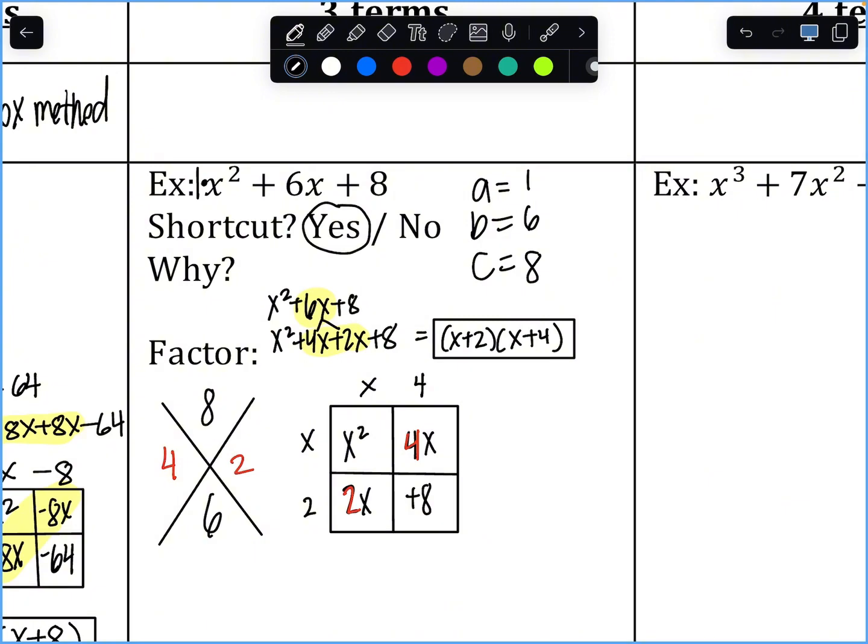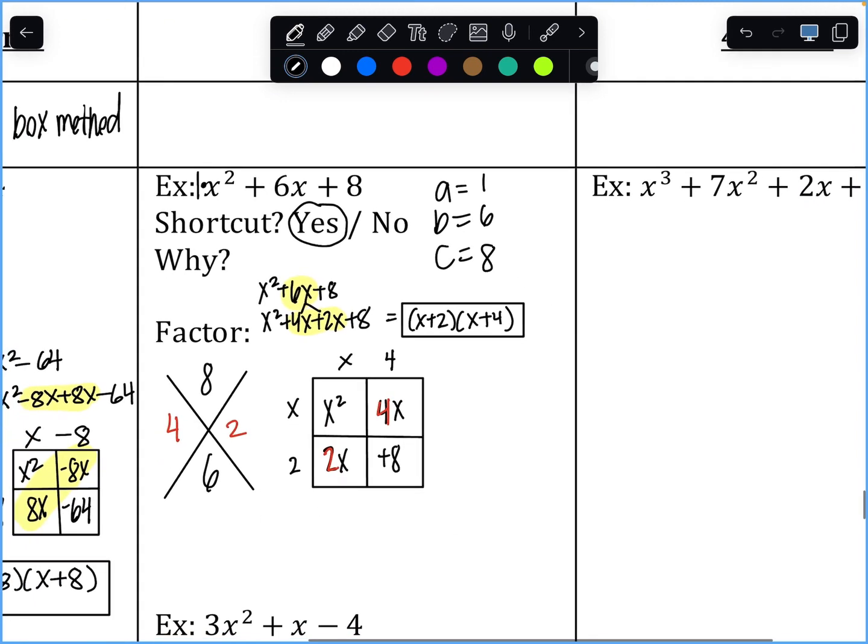Whenever your A value is 1, or in other words, the amount of x squared tiles that you have is 1, you'll know the GCF is always 1, because no other number divides 1 besides itself. So when you have something like that, you can always use the shortcut. And what is the shortcut, Jackson? If A is 1, then there's no GCF.